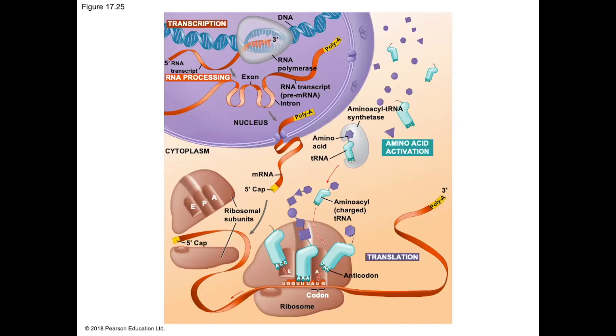Once the tRNA delivers the amino acid, it will leave through the E site. Okay, so in translation, we have three processes: codon recognition, and then peptide bond formation, and translocation. So translation stops when the stop codon is reached. We have three stop codons: UAA, UGA, and UAG.